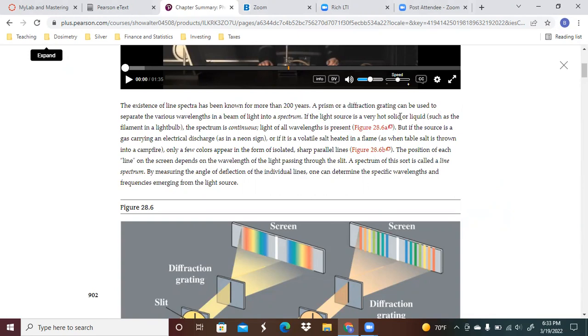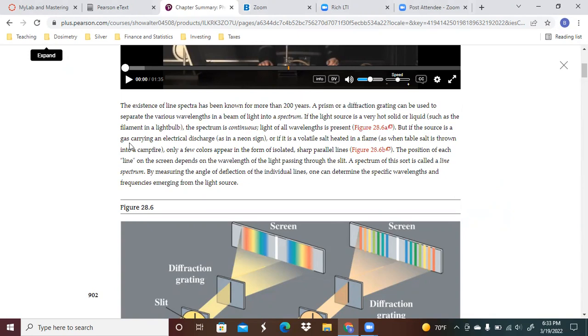A prism or diffraction grating can be used to separate the various wavelengths in a beam of light into a spectrum. If a light source is a very hot solid or liquid, such as the filament in a light bulb, the spectrum is continuous. In other words, light of all wavelengths is present.